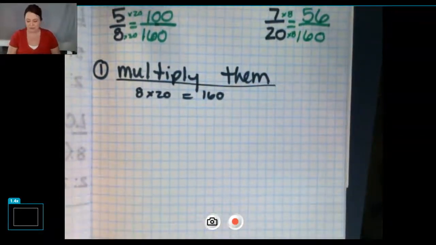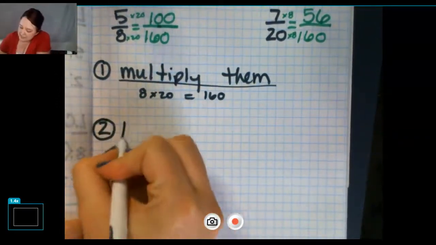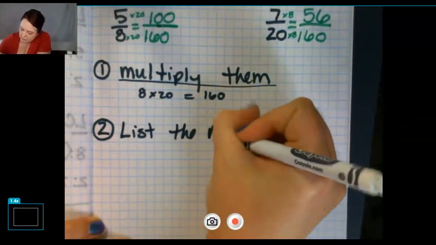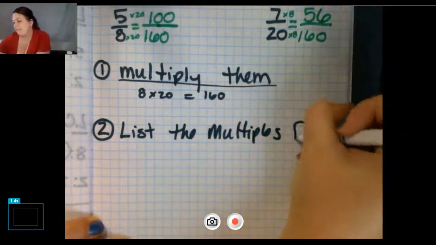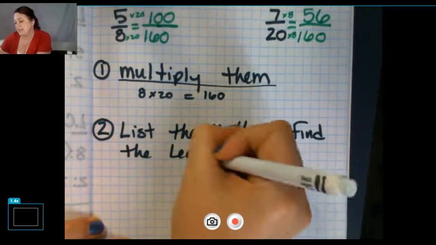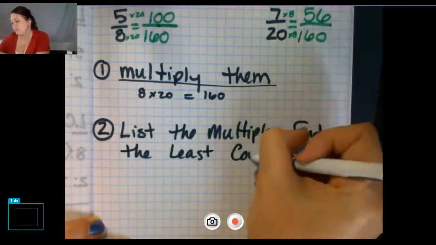So way number 2. List the multiples. Find the least common multiple.